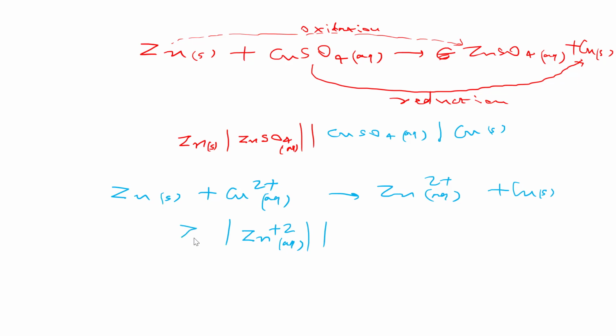Then the phase separation line, this is zinc solid. Now which species we are using here, Cu2+ aqueous, and then the phase separation line and copper solid. So this is the representation, and both representations are equally valid. Either you can represent it by this or this, both are equally valid.